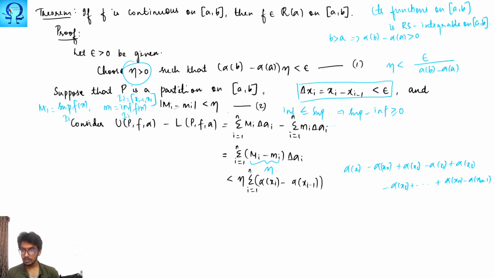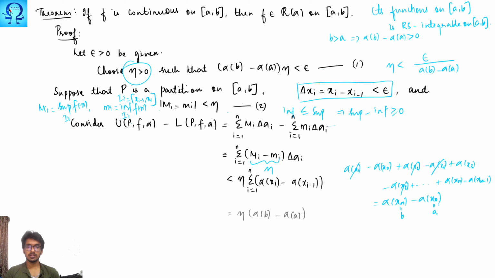If you notice here, your alpha of x1 gets cancelled, alpha of x2 gets cancelled, alpha of x3. In this way all terms will get cancelled, and finally you will be left with only two terms, that is alpha of xn minus alpha of x0. Usually xn is b, and x0 is a.